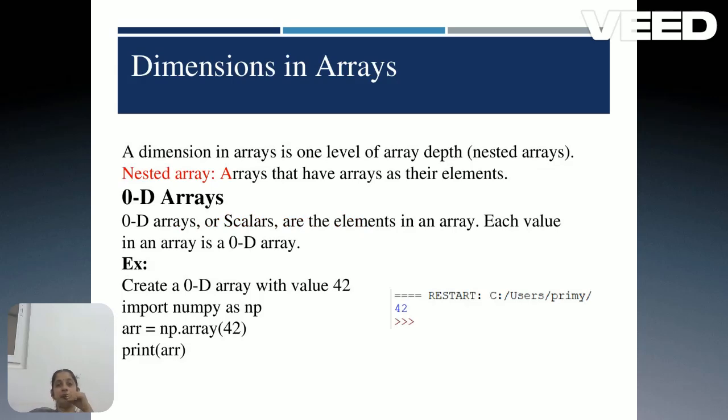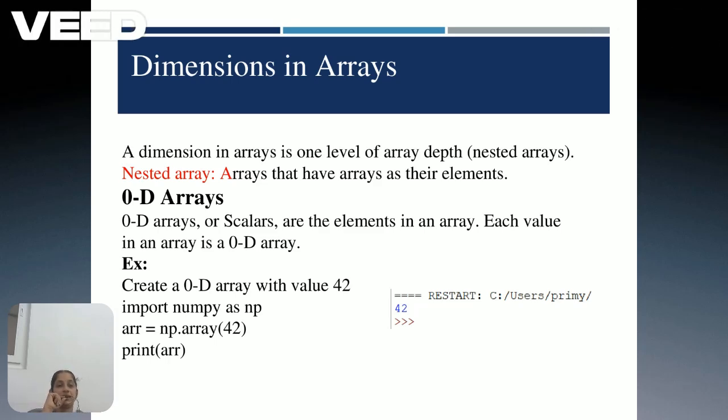We will have a look at the dimensions next. What is a dimension? A dimension is the direction in which the variable extends, either in x or y. We may have nested arrays, starting with the 0D array. A 0D array doesn't have any dimension; it is a scalar, an element in an array.